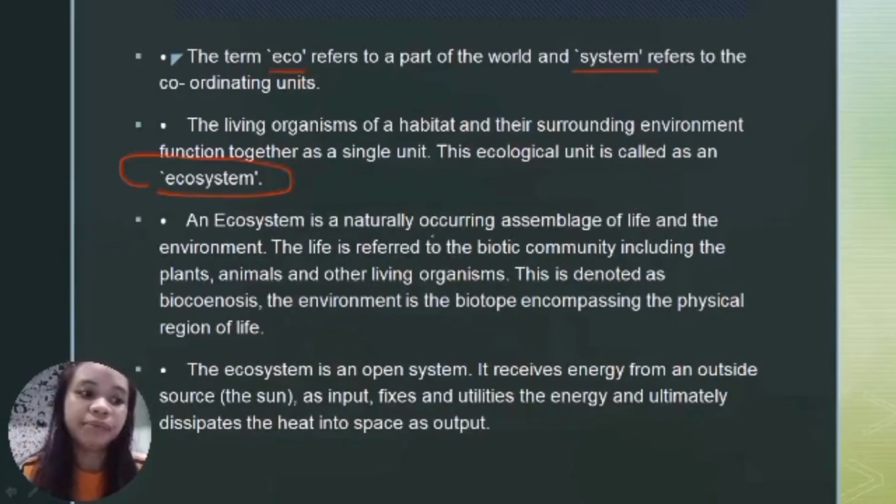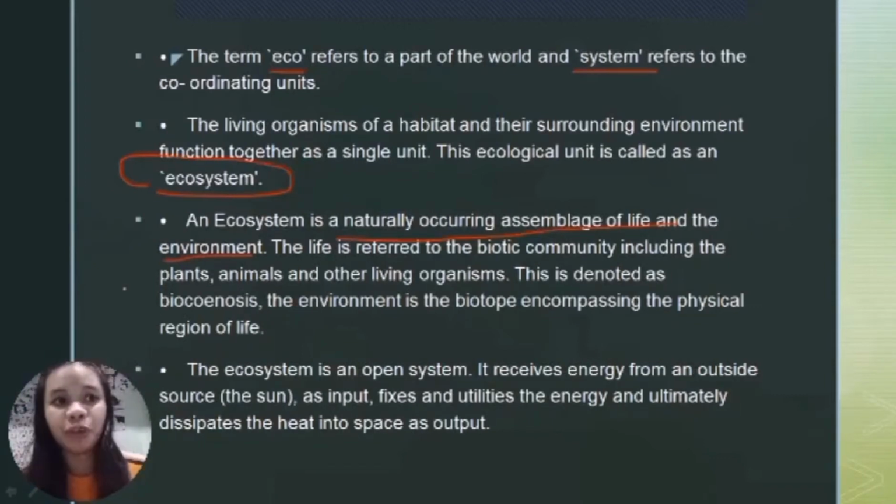Yung ecosystem daw is a naturally occurring assemblage of life and its surrounding environment. The life is referred to as the biotic community, kasama dun yung plants, animals, and other living organisms.